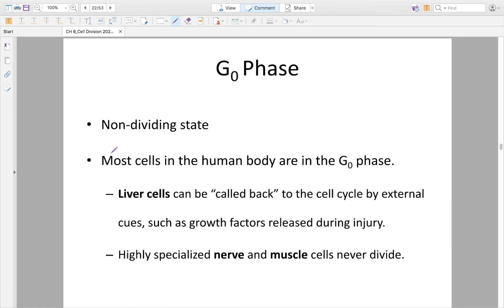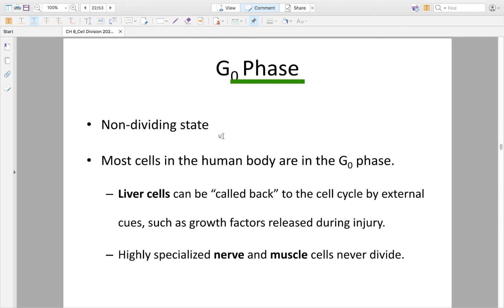Okay, so those are the 3 major checkpoints. What about this one? G0. Now, G0 is a non-dividing state. So lots of our cells just sit in this non-dividing state until instructed to do otherwise, meaning they're given some growth factor by the body and told, go ahead and go into the cell cycle.